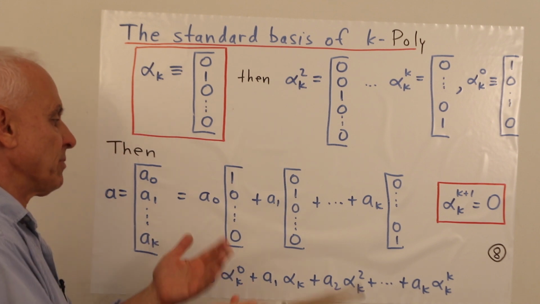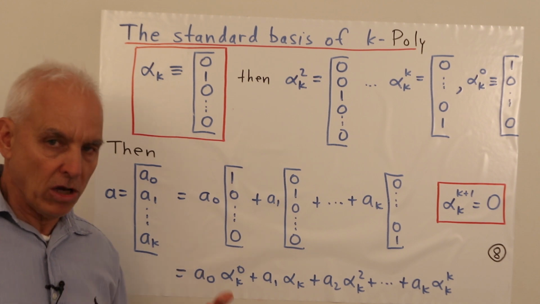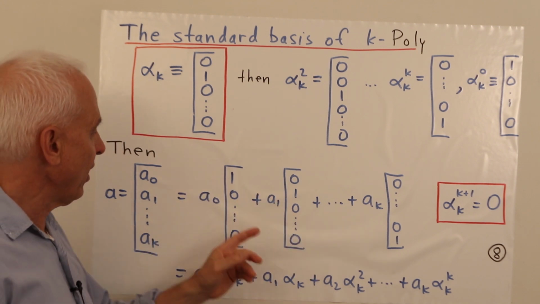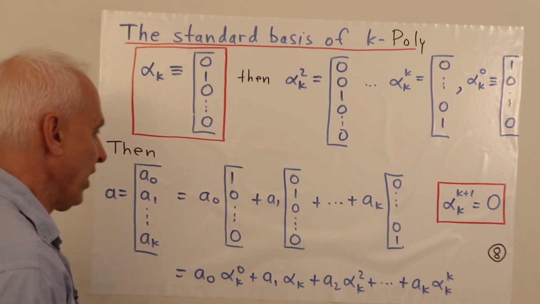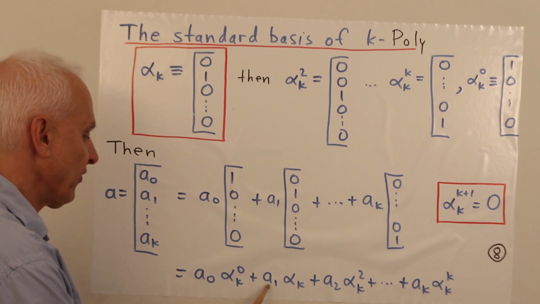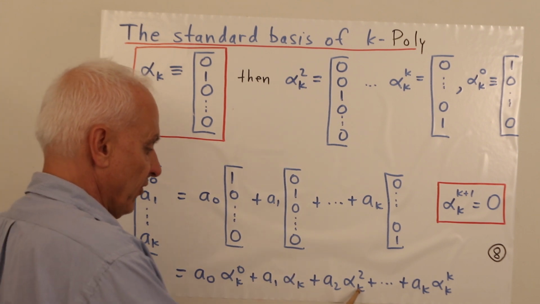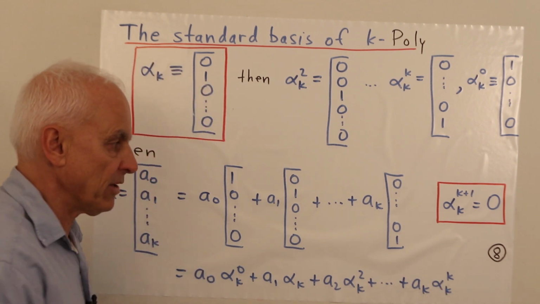So this just sort of corresponds to the obvious, usual, familiar, standard basis for column vectors. But now these have sort of interpretations as powers of this alpha sub k. So we could rewrite this thing as a0 alpha sub k to the 0 plus a1 alpha sub k to the 1, or just alpha sub k, plus a2 alpha sub k squared, all the way up to a sub k times alpha sub k to the k.